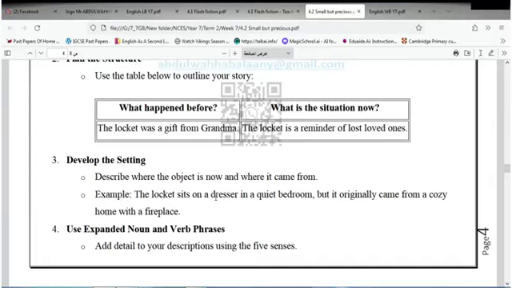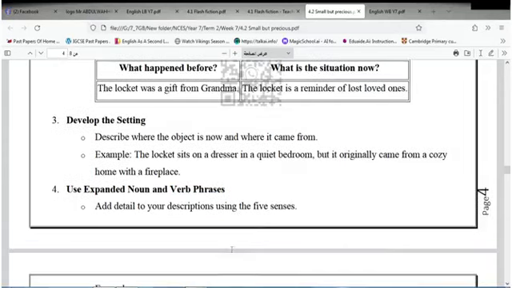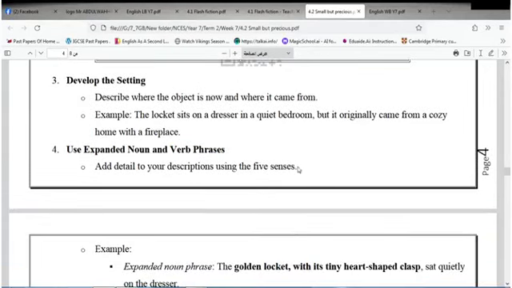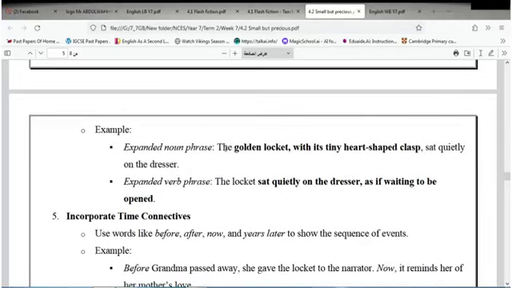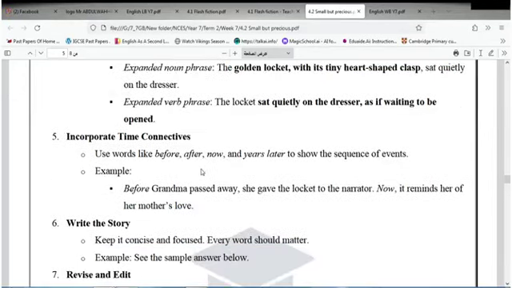I have to use expanded noun phrases in sentences and expanded verb phrases in sentences or clauses. It will add details to the description while I'm using the five senses in order to create an image. "The golden locket with its tiny heart-shaped clasp sat quietly on the dresser."